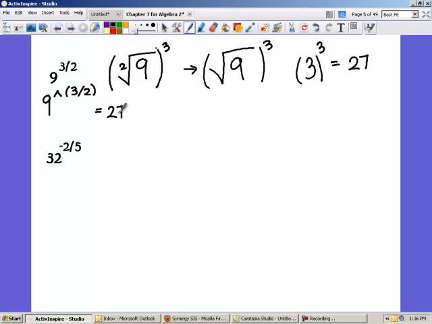Okay, so the next one, I'm just going to practice getting in radical form because the book does want you to do that. So 32, that goes underneath. The bottom number over here goes as the root. The top number goes as the exponent. And now because it's negative, we want to flip it.